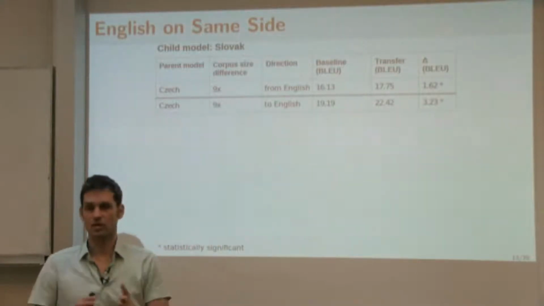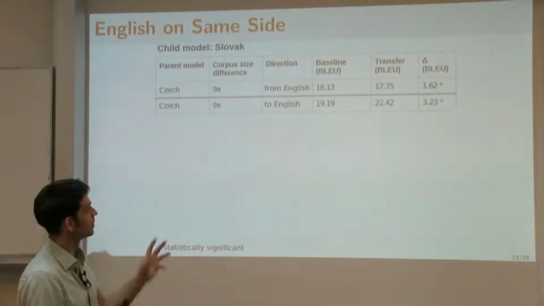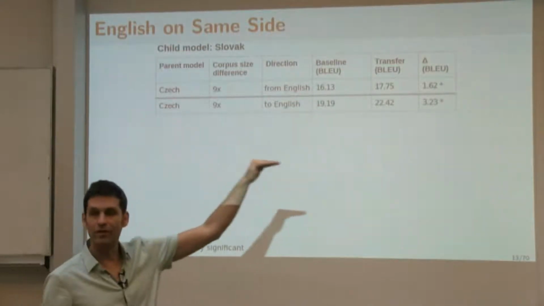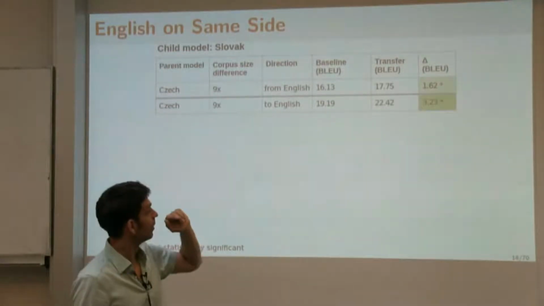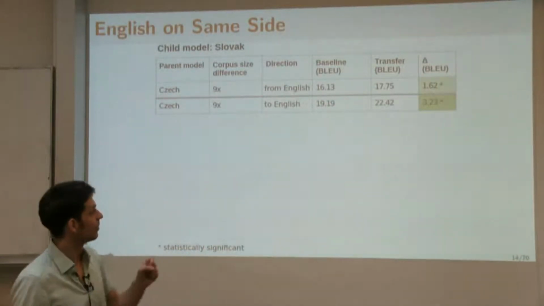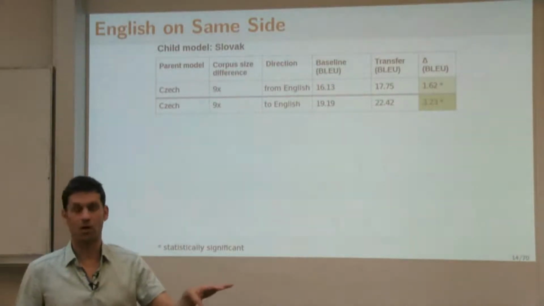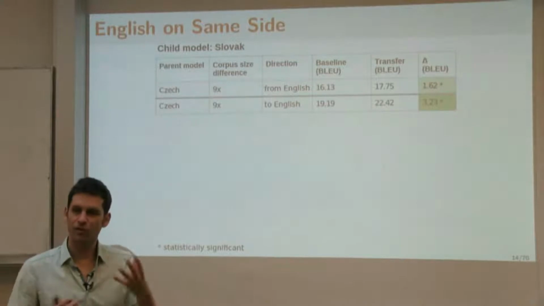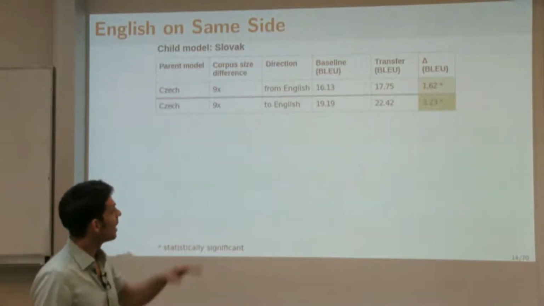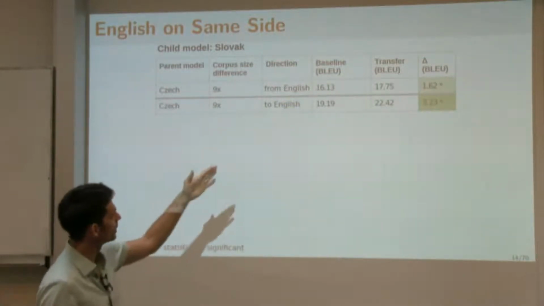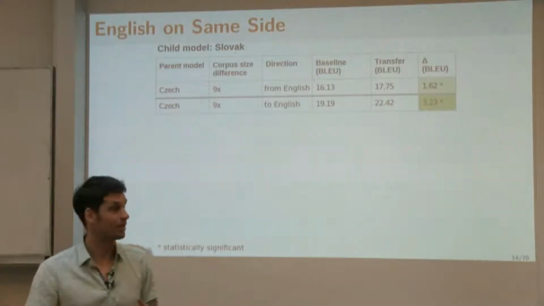Obviously, the BLEU scores when going into different languages are not comparable between each other. They are only comparable within the particular translation direction. So what we observe is the difference of the BLEU scores when the model is trained on the child language pair only, or whether it is first trained on the parent and then the training continues on the child. You see that when translating from English, we get some improvement, and when we translate into English, we get a bigger improvement.